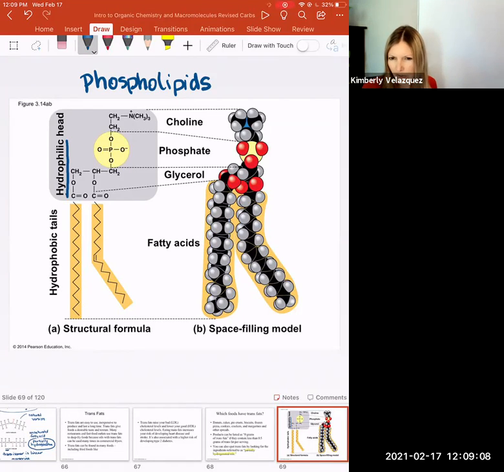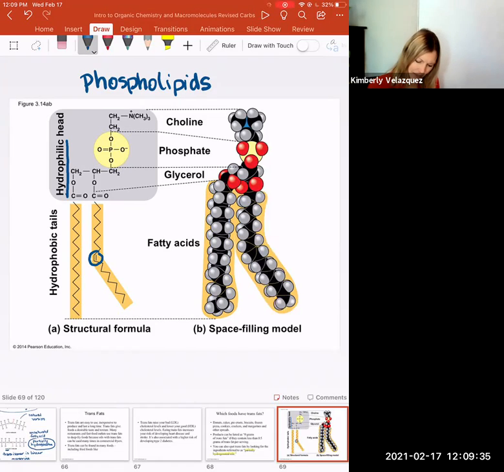Okay, just looking at the shape of those two tails, one is linear and one has a bend. Do you remember what those two types of fatty acid are called? Okay, so the linear one, no double bonds between the carbons. This is a double bond right here. See that with how it's drawn? That's a double bond, and you can see that bend in the chain.